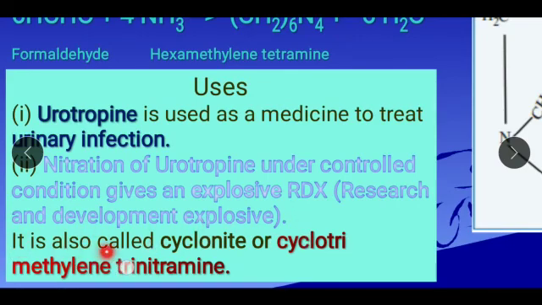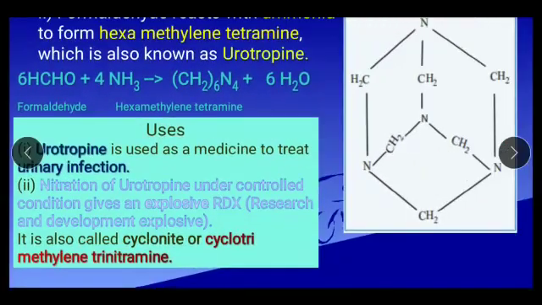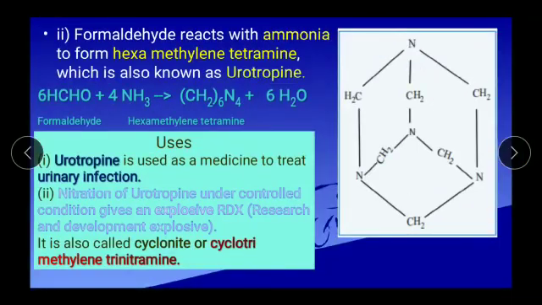It is also called cyclonite or cyclotrimethylene trinitramine. This question is very important: how will you prepare urotropine, write the structure of urotropine and write the uses of urotropine? It's a 3-mark question. So try to study well.